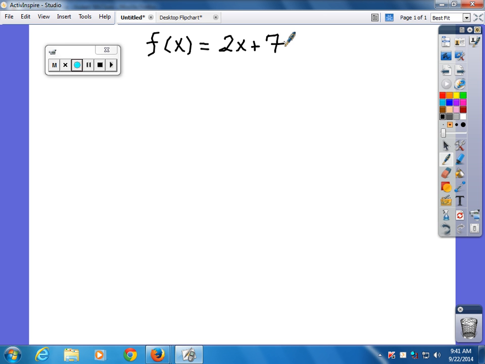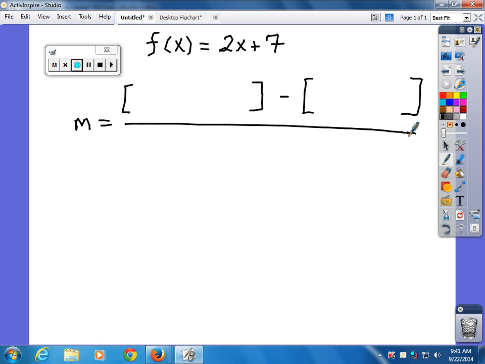And the way I do it when I do the difference quotient is I go m is equal to, and I put brackets, minus brackets, over h, and then I rewrite this, just like we did with composition. You rewrite f and put big sets of parentheses, so you can put in g. f composed of g, and that's the way I do it.